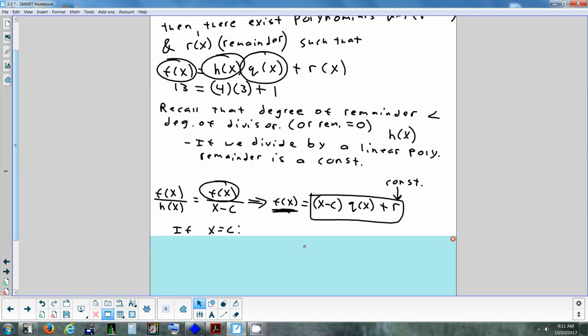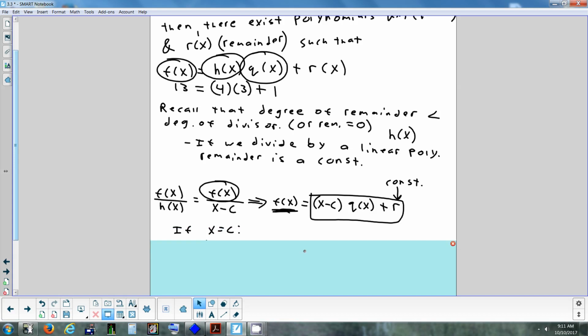Now I want you to see what happens if you make this substitution. Let x equal c. So what I'm going to find is f of c.